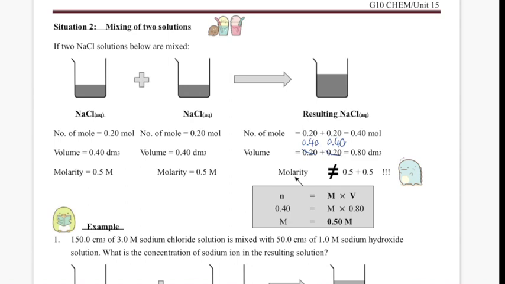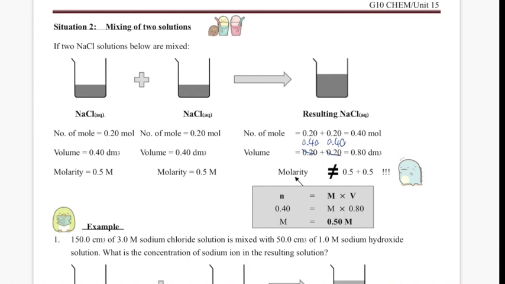You are just having 2 cups of single espresso, a larger size, but you're not going to get a single size of the double espresso. The concentration didn't change, the molarity didn't change. You are just getting a larger size of the coffee. So that's exactly what we are talking about here using a sodium chloride solution.